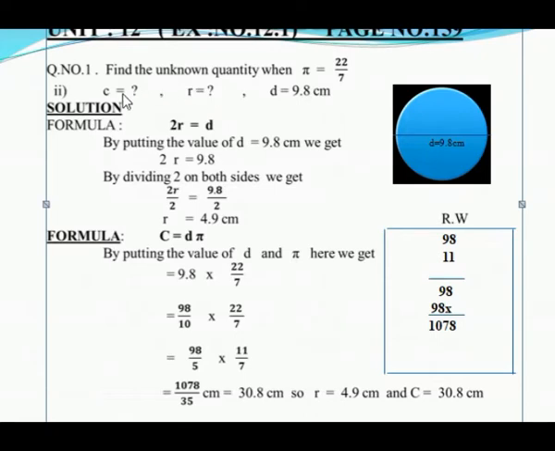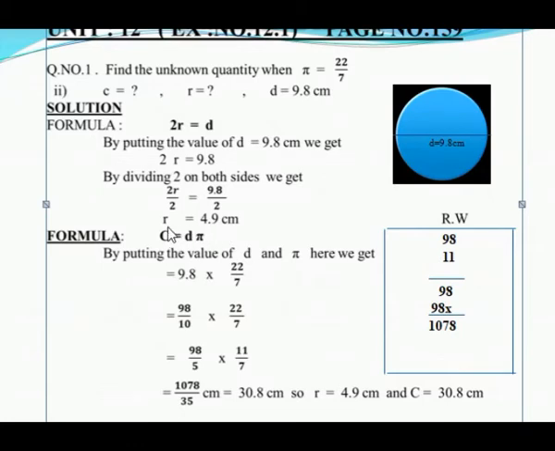Here you are not supposed to put the formula C is equal to 2 pi R because C is missing, R is missing. Then how you have to put the values? So remember, always use that formula by which you have given the values. And one variable is unknown. So here R is unknown.